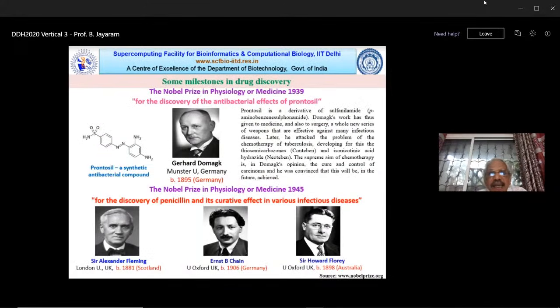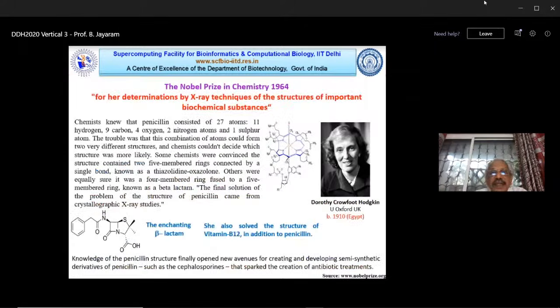Now, some milestones in drug discovery, as I put it together. I'm sure everyone has a different perspective here, right? One of the Nobels was for this antibacterial molecule Prontosil, way back in 1939. Then in 1945, you have the discovery of penicillin, a well-celebrated discovery. I'm sure all of you know the serendipitous discovery. Then move on to the structure of penicillin, thanks to Professor Hodgkin, for solving the crystal structure and telling us about this beta-lactam.